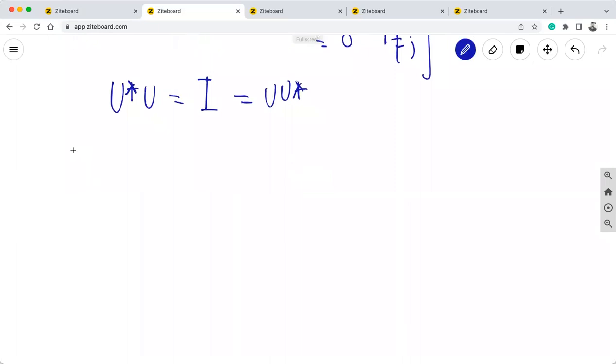The second property: here the conclusion is that the columns of U are orthonormal, which implies that the rows of U are also orthonormal to satisfy this particular property. It's a very important property.